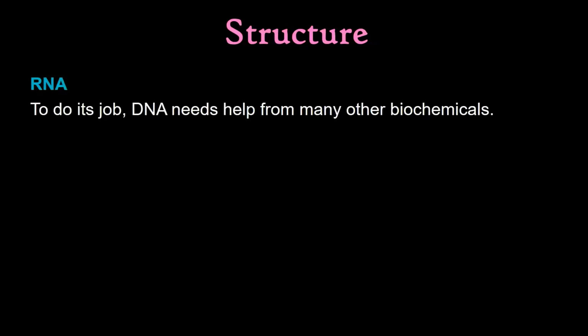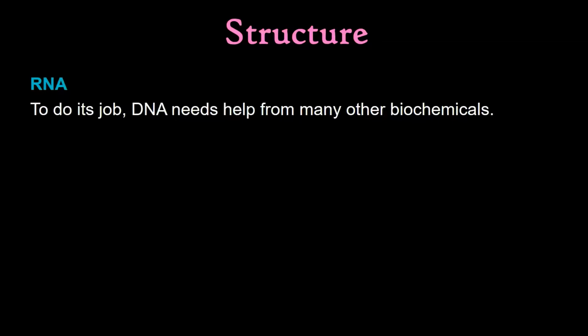Another major molecule, another major structure that we have to discuss when covering genetics, is RNA. And RNA helps DNA to do its job of coding for proteins. Remember that DNA doesn't do anything on its own.